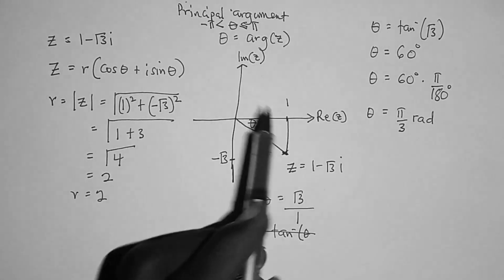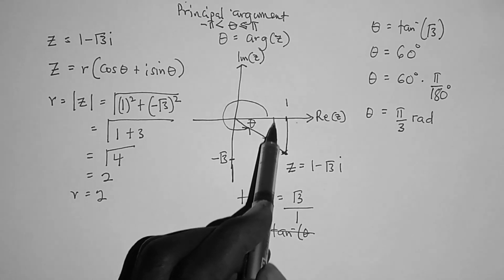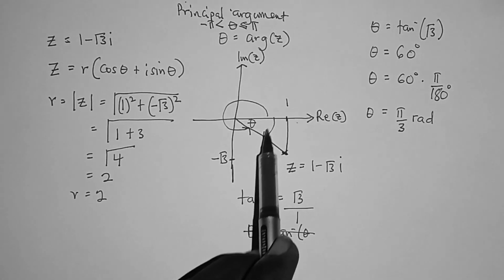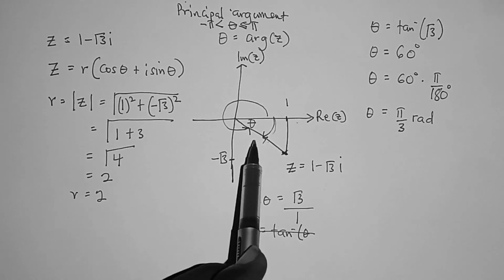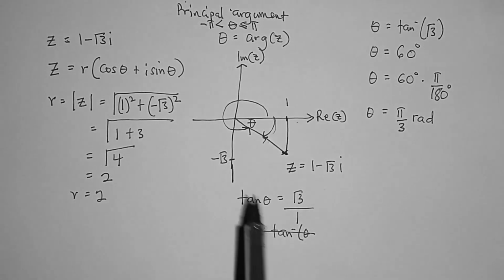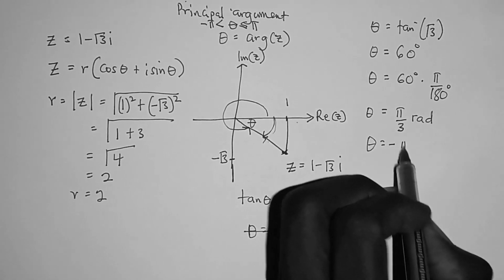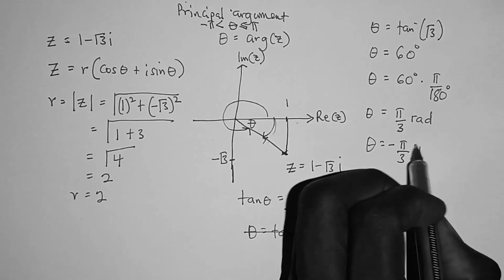So instead of starting it this way, we are rather going to start it this way. If we go in the clockwise direction, then we attach a negative to the value of the argument. Therefore, theta is equal to minus pi over 3 radians.